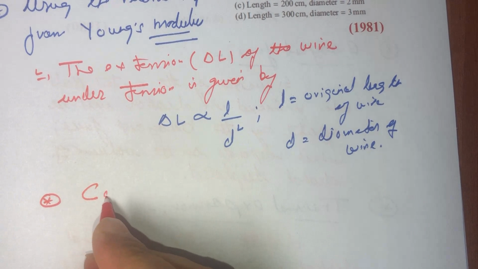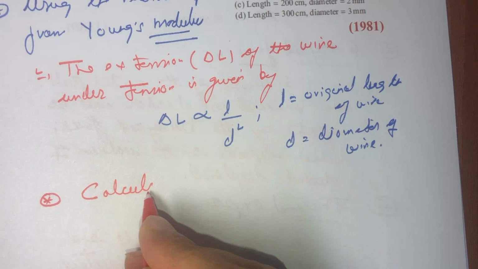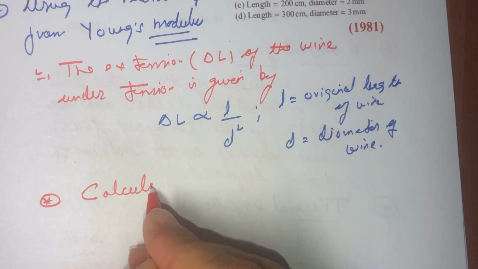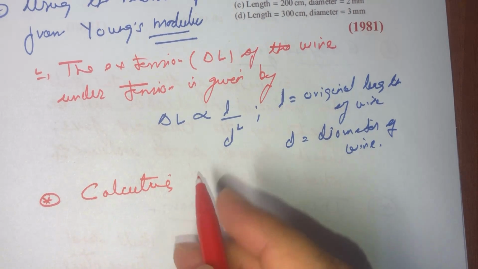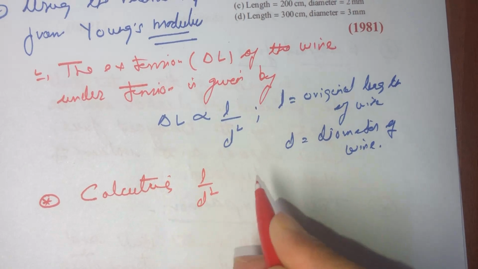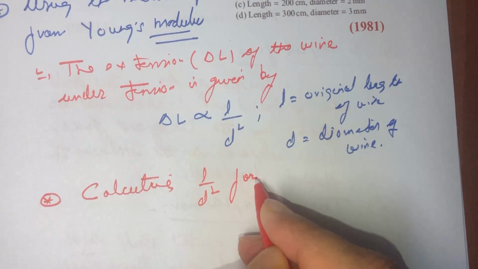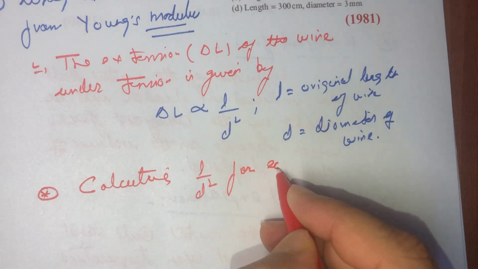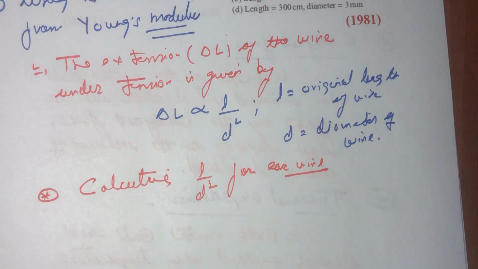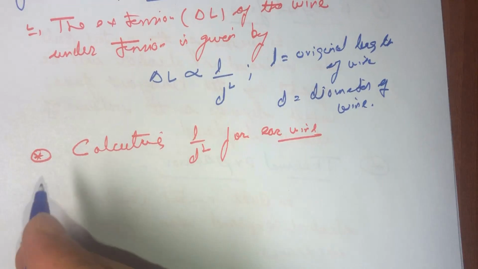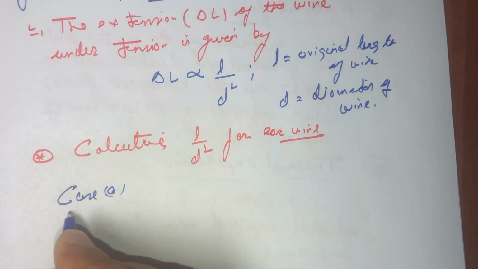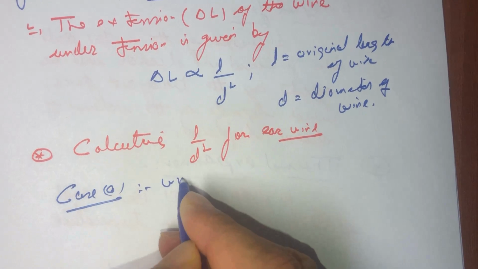Calculating L by D square for each wire. So let us first of all do it for wire 1, that is A.